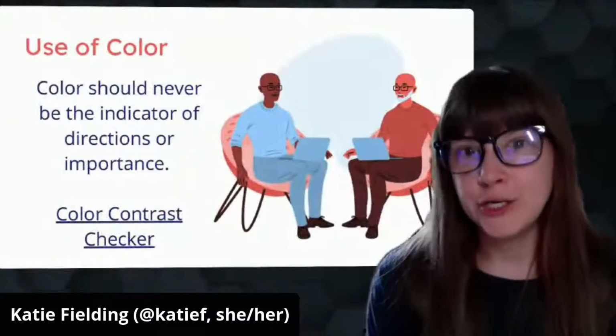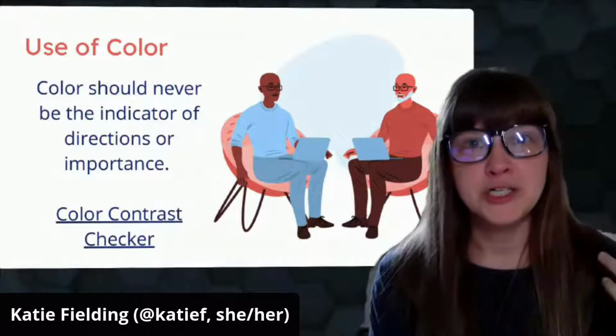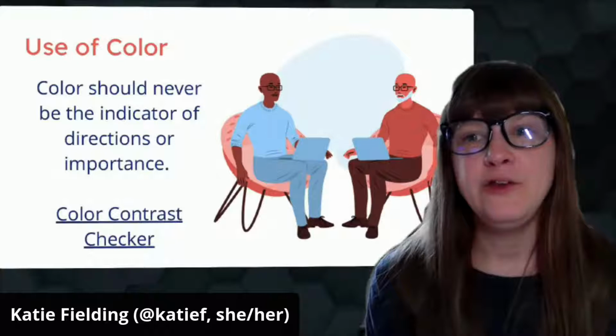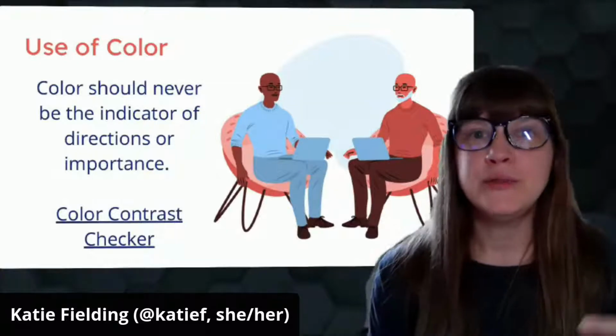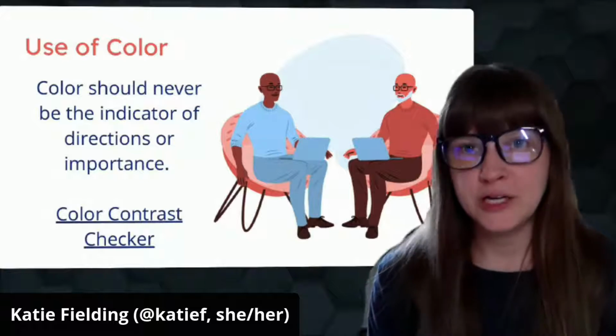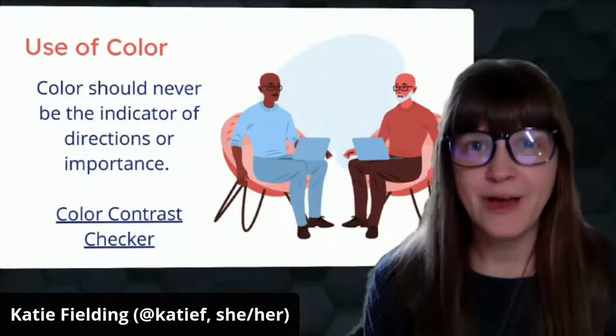The use of color. So color should never be an indicator of importance. Earlier, I mentioned that 8% of people are colorblind. So if in your directions you put, do the items highlighted in green, well, if that student can't see green, those directions are problematic. Or even telling them to do something with colors.